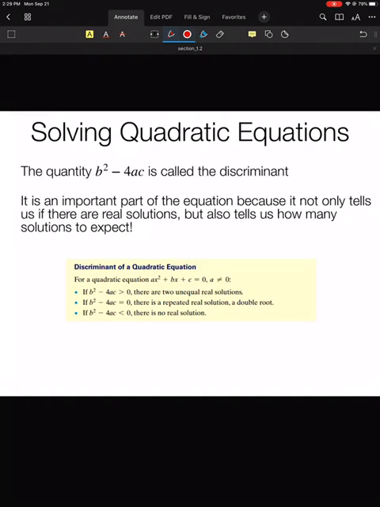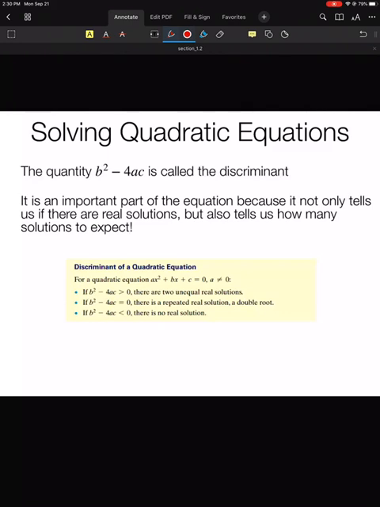It has a special name, and it's an important part of the equation because it not only tells us if there are possible solutions or no real solutions, it also can tell us how many of them there are. We can go a little bit farther than just saying no solutions or 2 solutions. We can actually say if it's 2, 1, or 0.